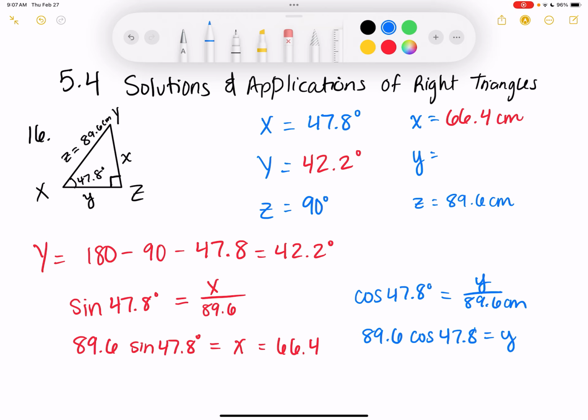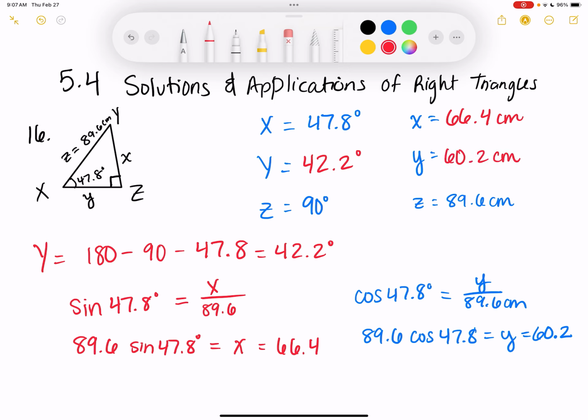So then I just type that in, 89.6 times the cosine of 47.8. And to one decimal place, I get 60.2. So then 60.2 centimeters.